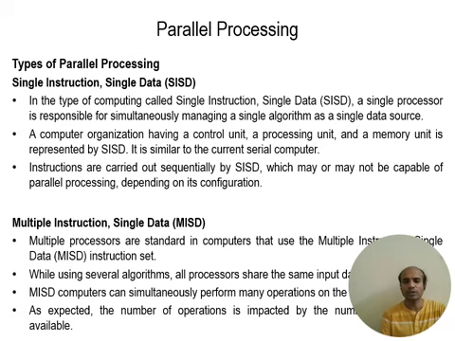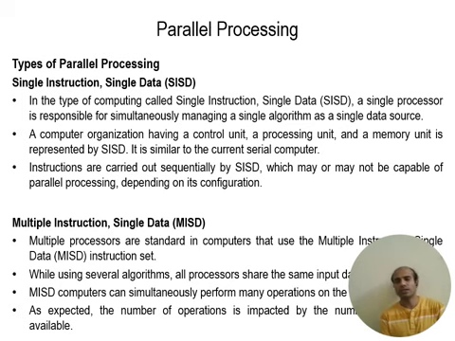A computer organization having a control unit, processing unit, and a memory unit is represented by this SISD. It is similar to the current serial computer. Instructions are carried out sequentially by single instruction, single data, which may or may not be capable of parallel processing depending on its configuration.